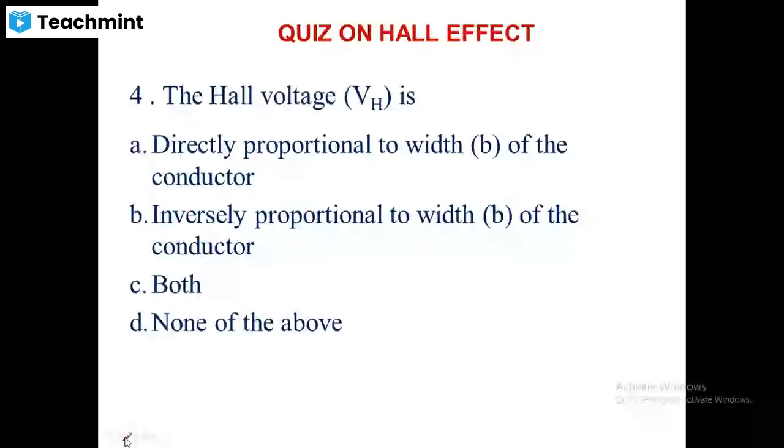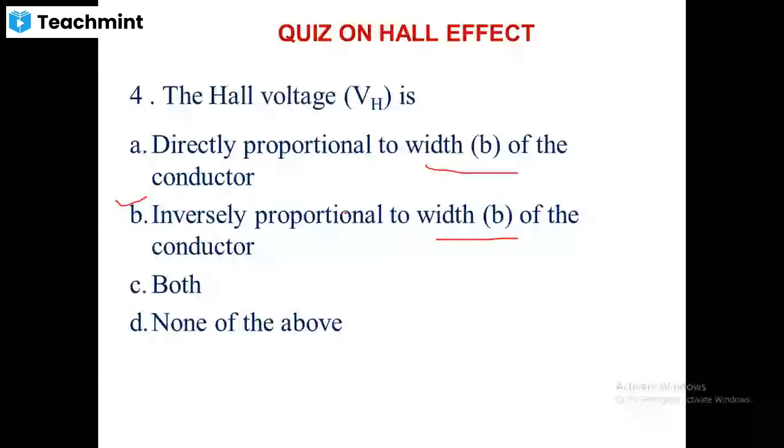Then, the Hall voltage VH is directly proportional to the width of the conductor, inversely proportional to the width of the conductor, or both. What is the correct answer? The Hall voltage is inversely proportional to the width of the conductor.